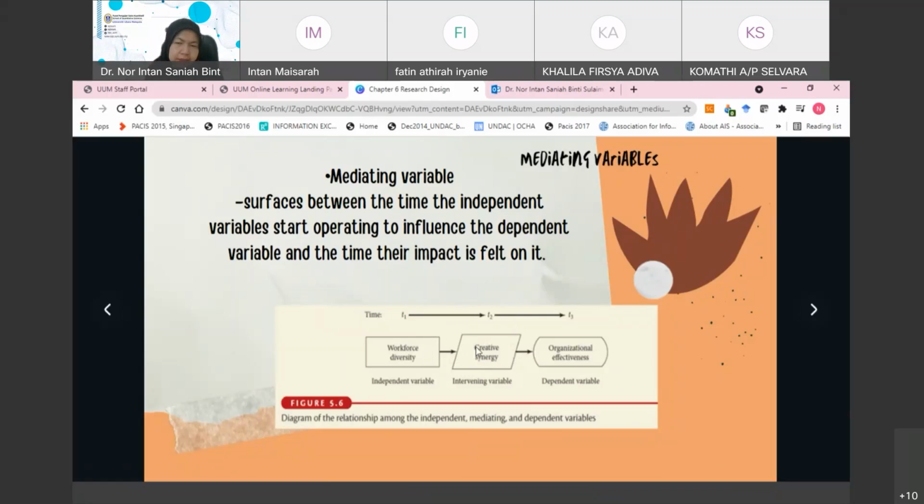Note that this creative synergy is time based, it depends on time as well.